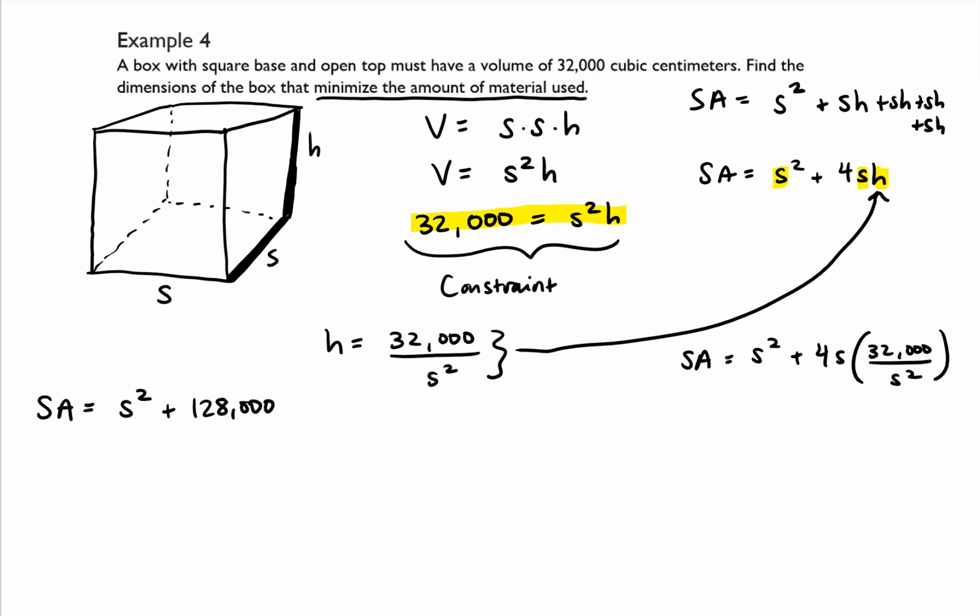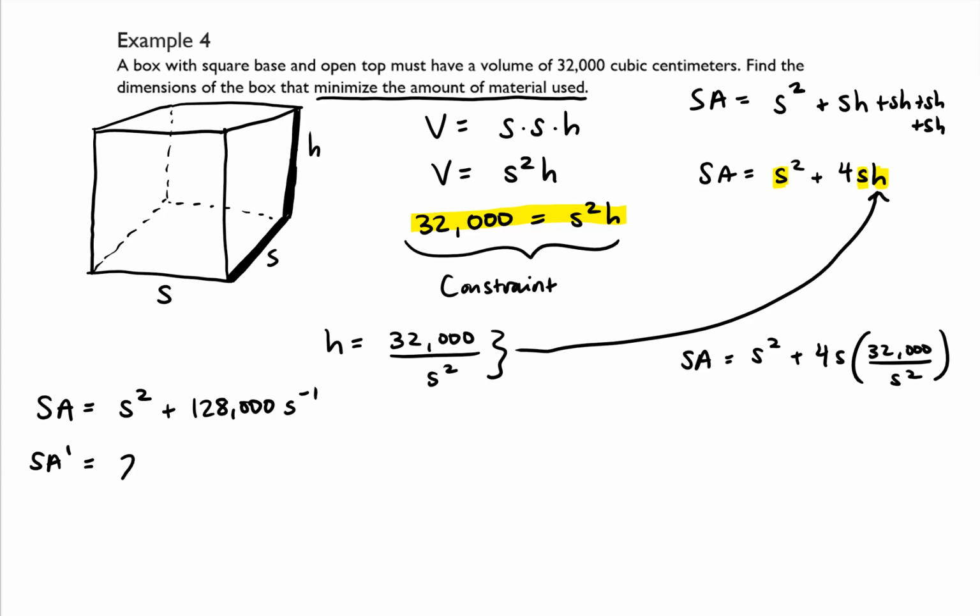And then one of the s's in the numerator will cancel out with one of the s's in the denominator. So we would have one s in the denominator, but I'm going to rewrite that as s to the negative 1 power.